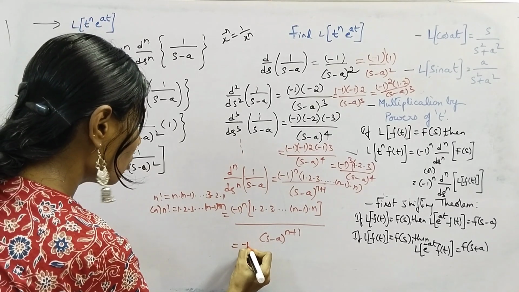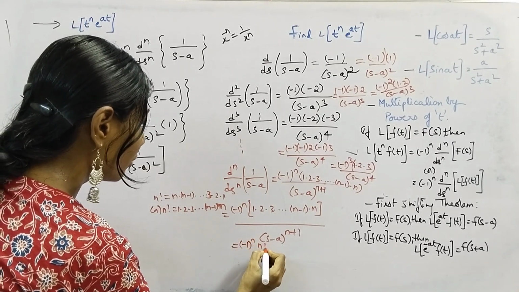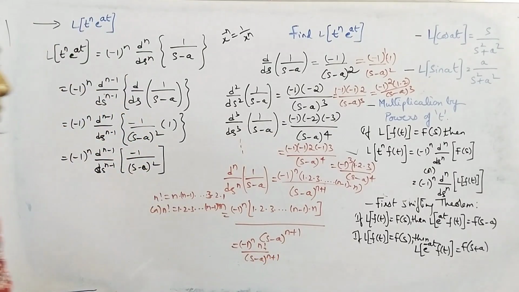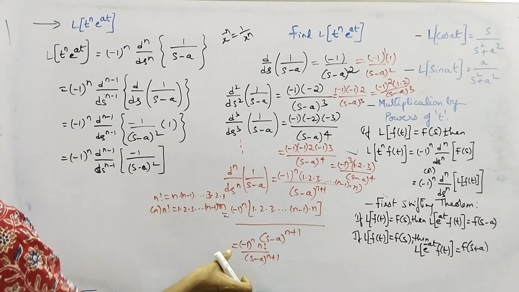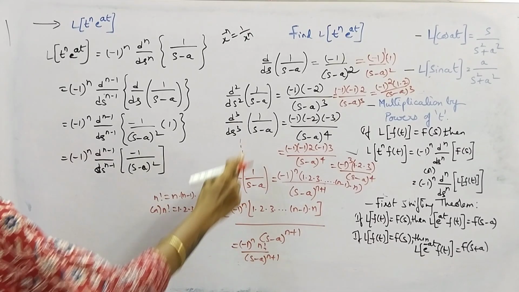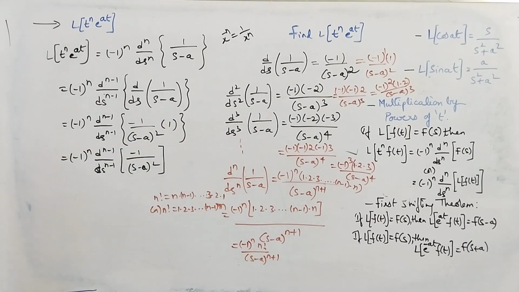Then this becomes minus 1 power n into n factorial by s minus a power n plus 1. So this is the value of nth derivative of 1 by s minus a. Simply. Okay, fine.